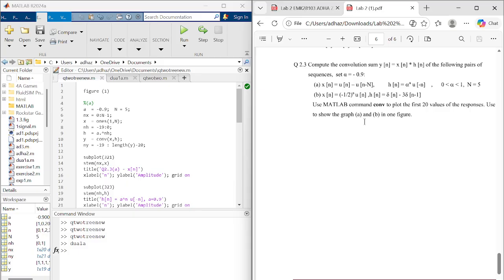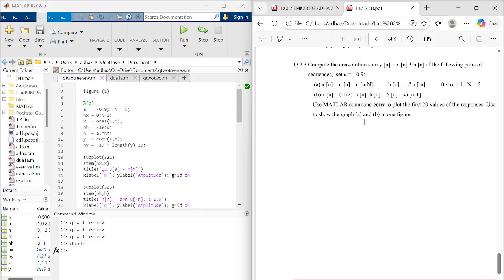In our question, following this sequence, you have to use the MATLAB convolution command to plot the first 30 values for both cases, for questions A and B.